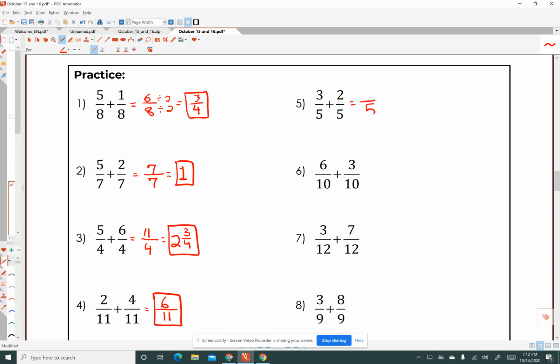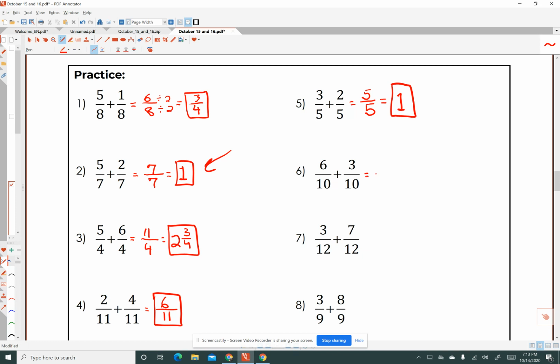Again, keeping the denominator, 3 plus 2 is 5. Now, just like number 2, anything over itself equals 1. So 5 over 5 is equal to 1 whole.